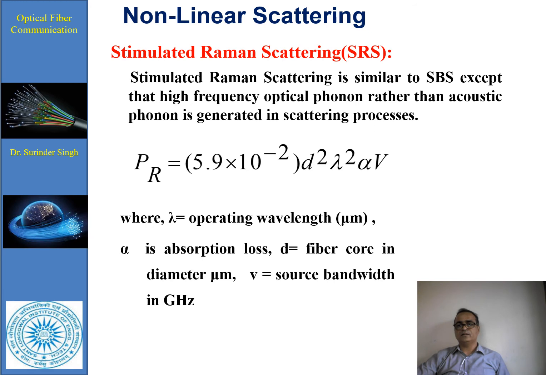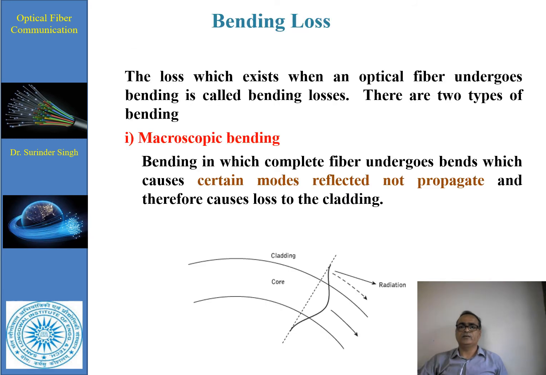So next, bending loss. This loss occurs when the fiber undergoes several bends, or maybe a long bend around a building or in some metro city. So this loss exists when naturally there are a lot of bends in the path.